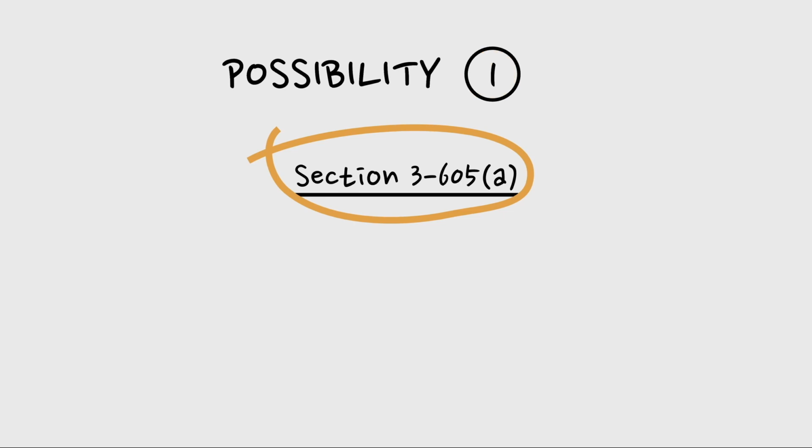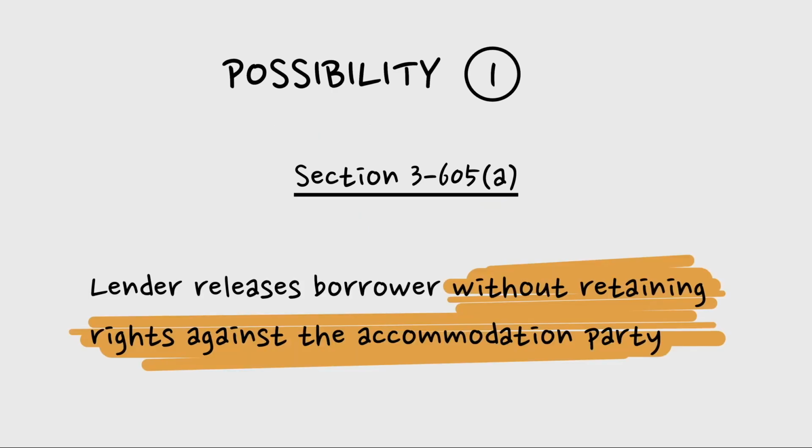One possibility is given to us by section 3605(a). 3605(a) says if the lender releases the borrower, so our bank releases the borrower, without retaining rights against the accommodation party, so they have to specifically retain rights against the accommodation party if they're releasing the borrower.